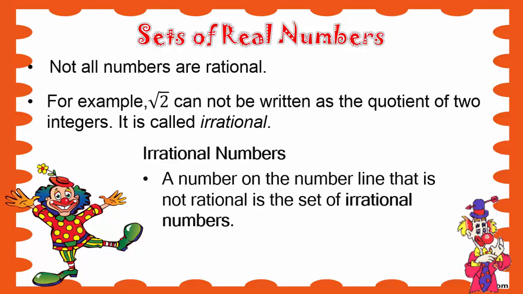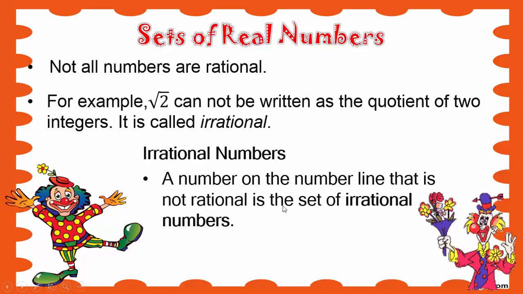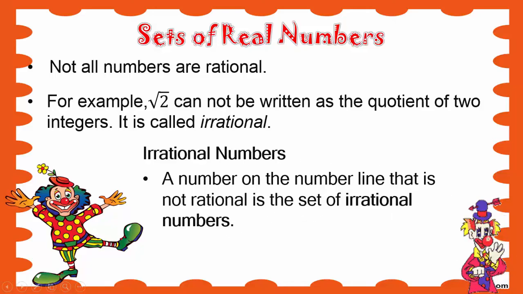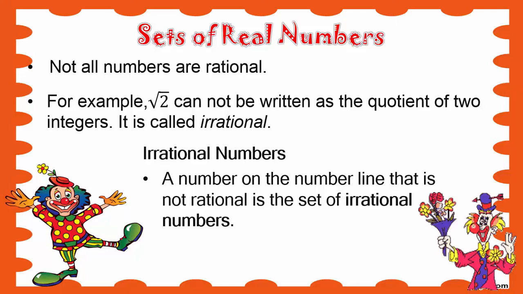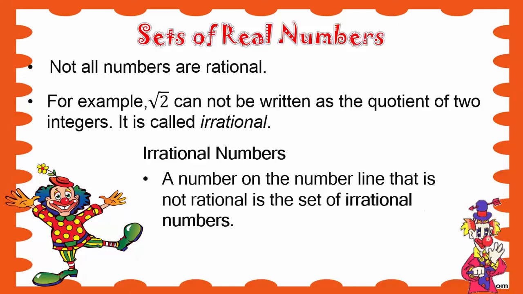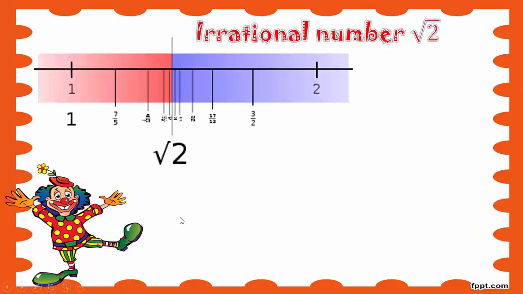So an irrational number is not rational, and this becomes the set of irrational numbers. Pi is an irrational number, the square root of 2 is an irrational number, and psi that we talked about earlier when we were talking about the golden ratio is also an irrational number. So let's try to see what it may look like on a number line.